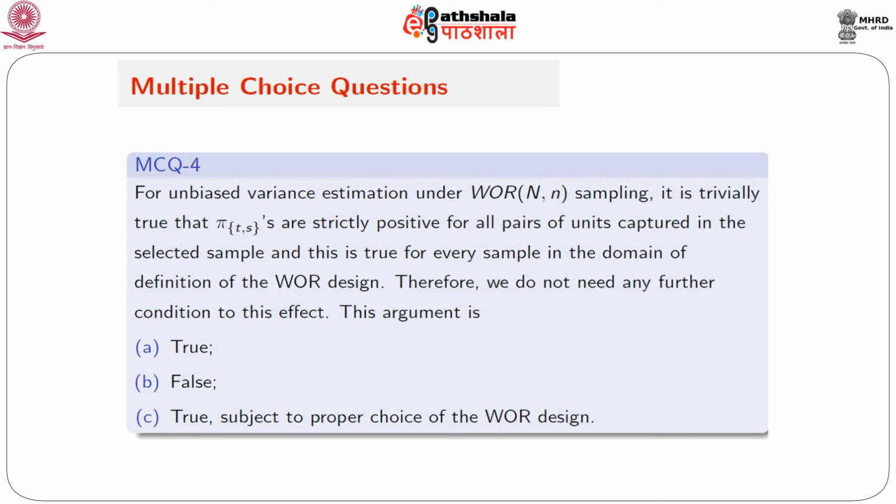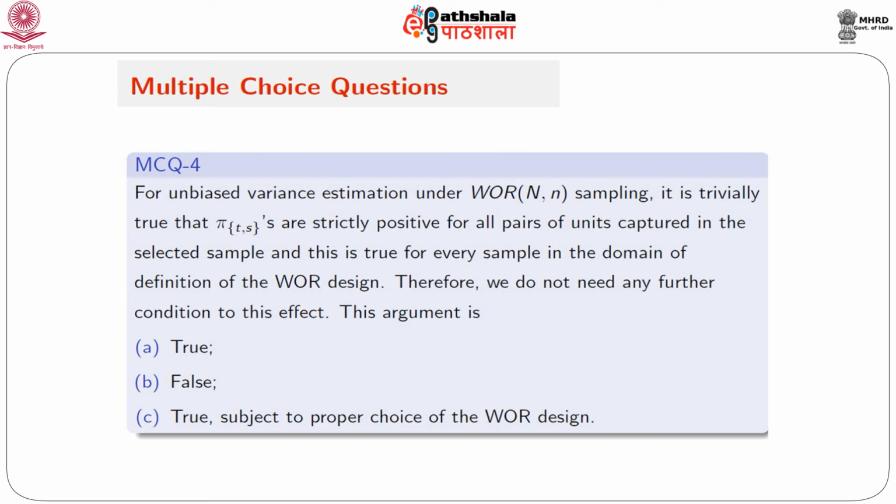I have a definition where wherever the samples are listed, every sample has a positive probability and all the constituent members in every sample pairwise have positive probability. If that is the case, why do I need any further condition like pi ij greater than 0 for all i not equal to j in the population?